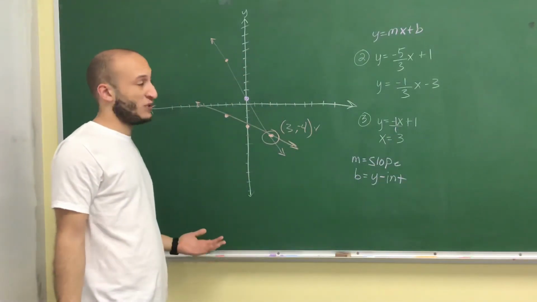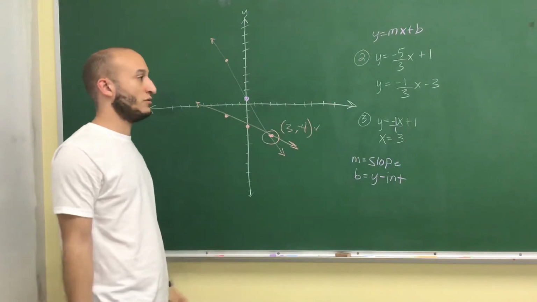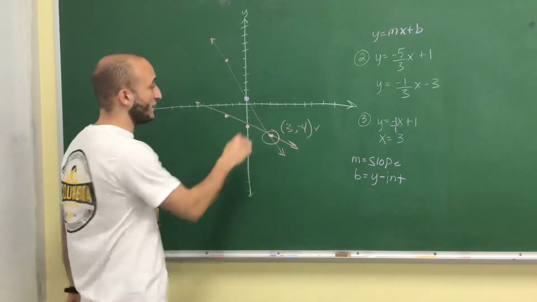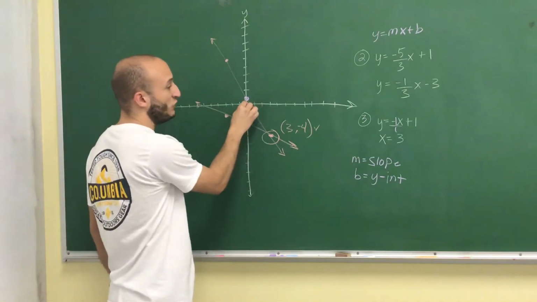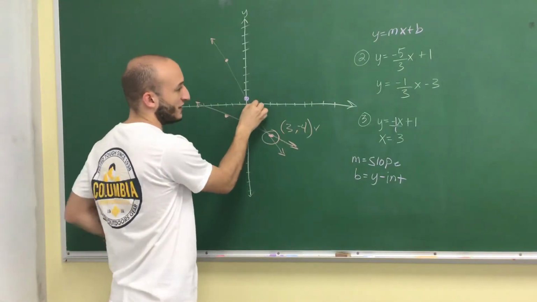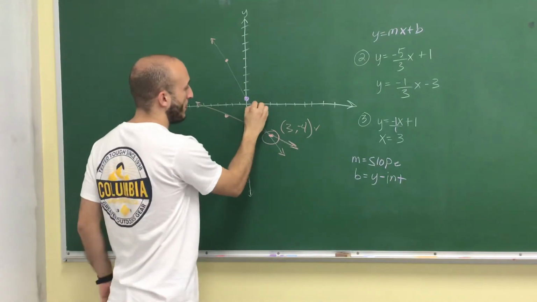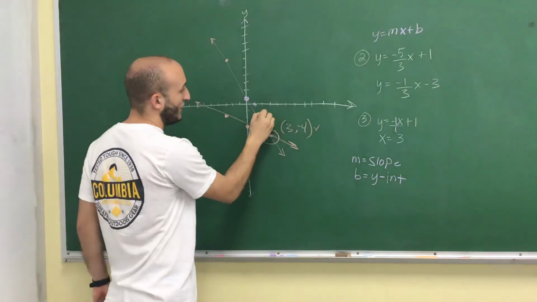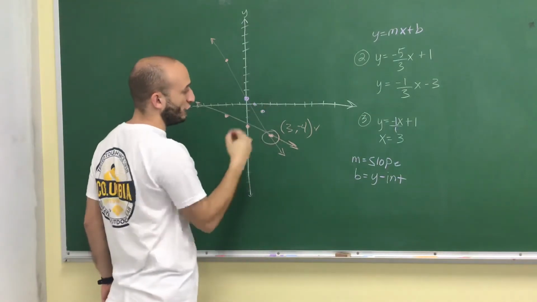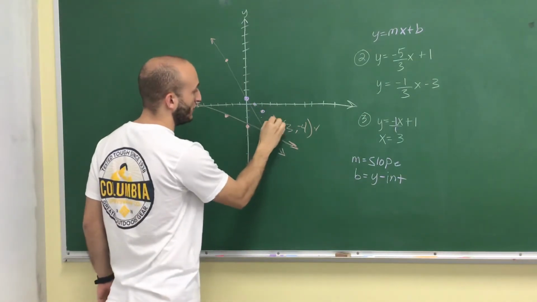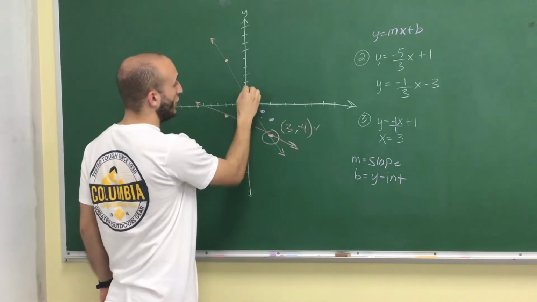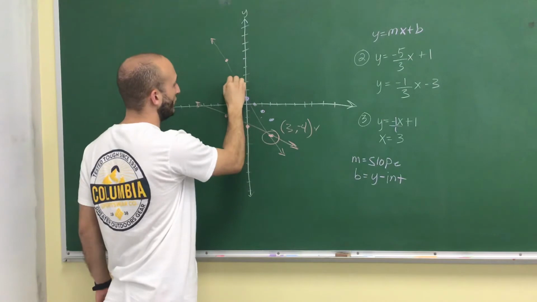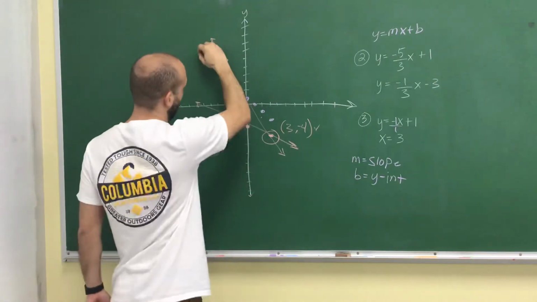So I'm going to rise a negative 1, meaning go down 1 and then move to the right 1 because that's a positive 1 on the bottom. For every unit, I move down 1 to the right 1, down 1 to the right 1, and so on. I could go up 1 to the left 1 also, and so on.